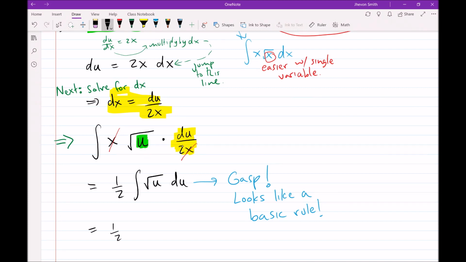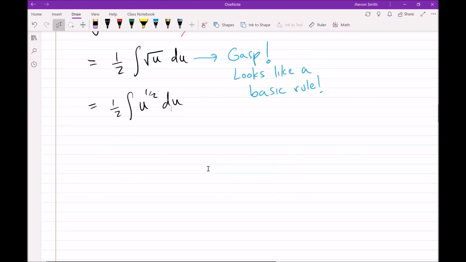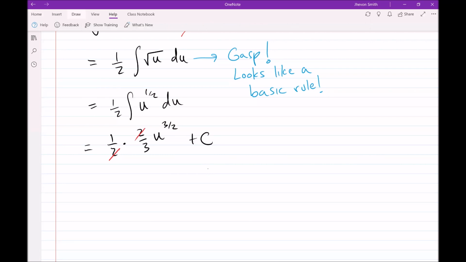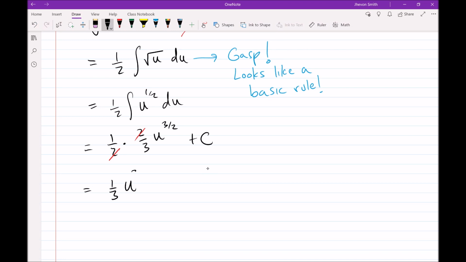This is going to be u to the 1/2 du. We are going to find the antiderivative of that, which is, I'm going to leave the constant, add 1 to the power, divide by the new power, so that becomes 2/3 u to the 3/2 plus c. My 2's are going to cancel. And so I would have 1/3 u to the 3/2 plus c.